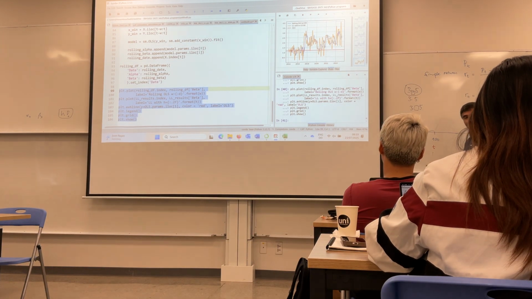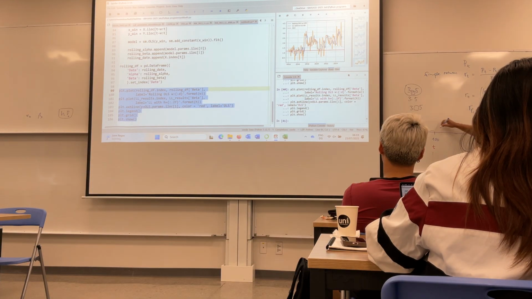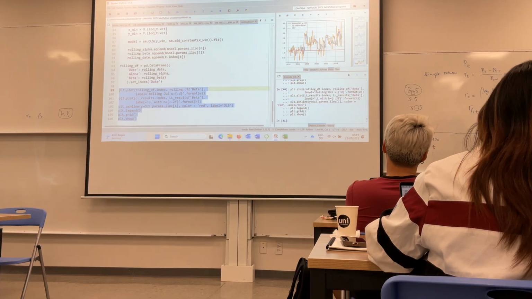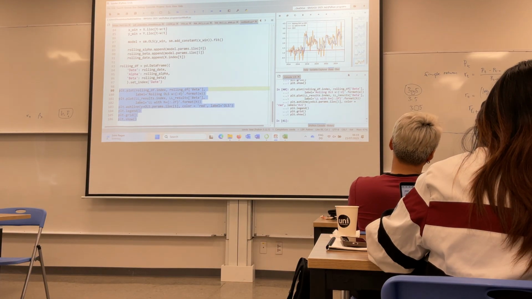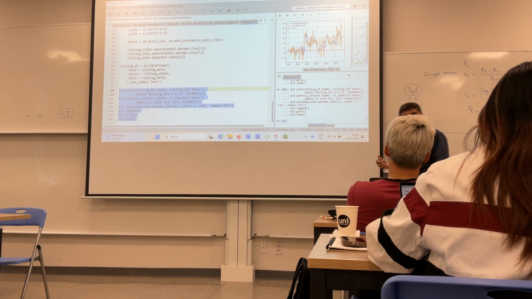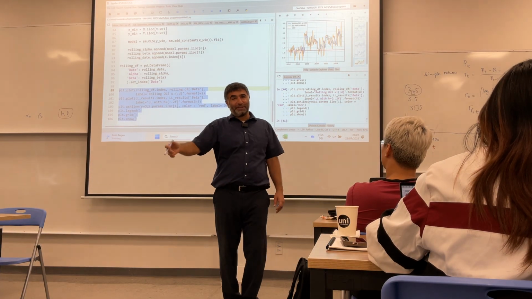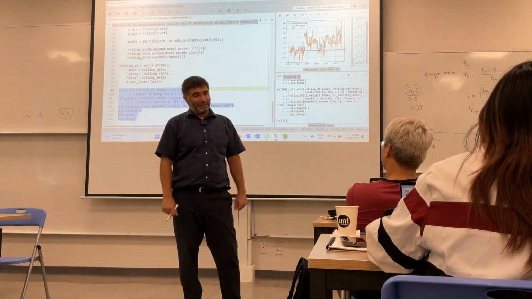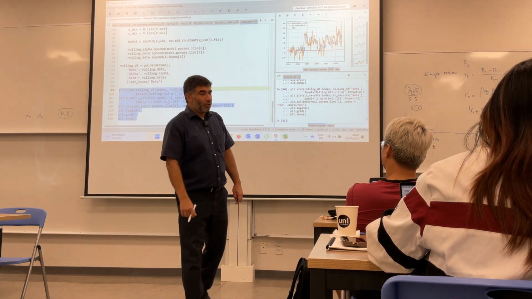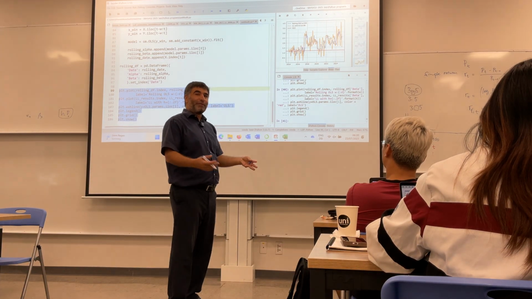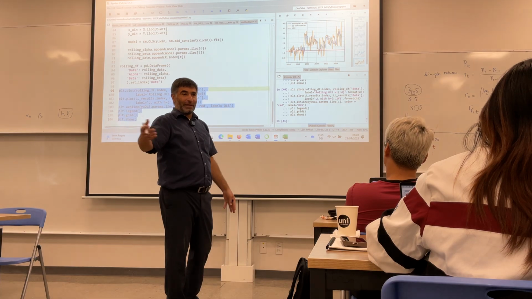So the thing is that the blue one uses information in the past only. The orange one uses the past and the future. And it understands, aha, soon something is coming. So it reacts faster.